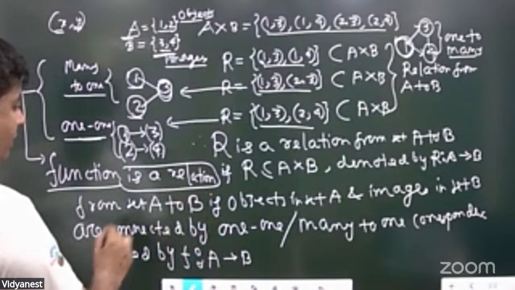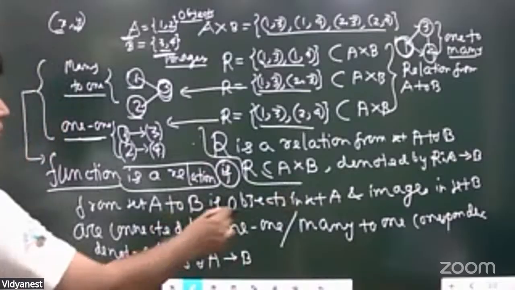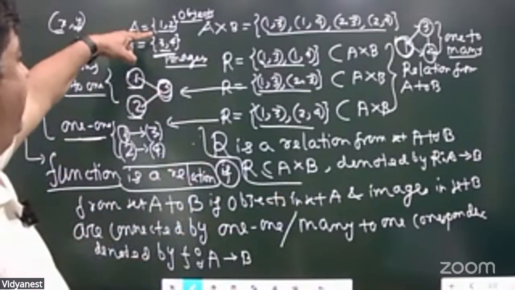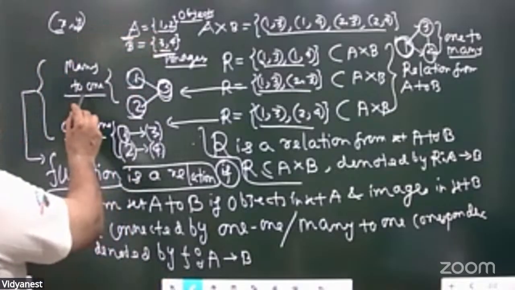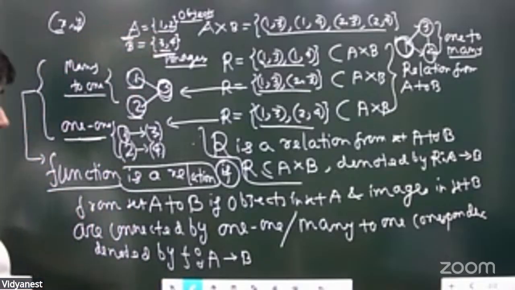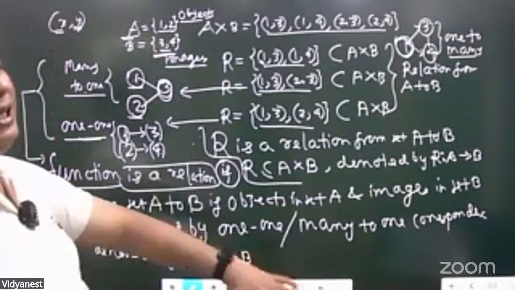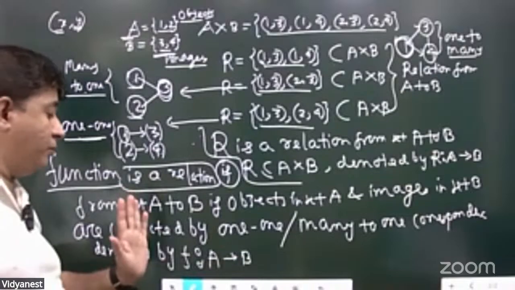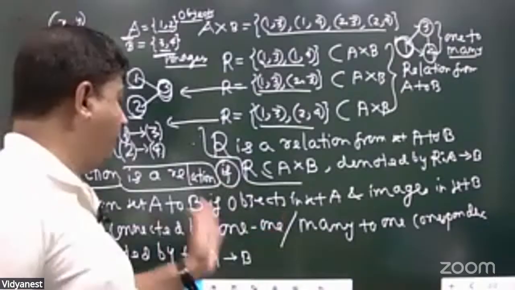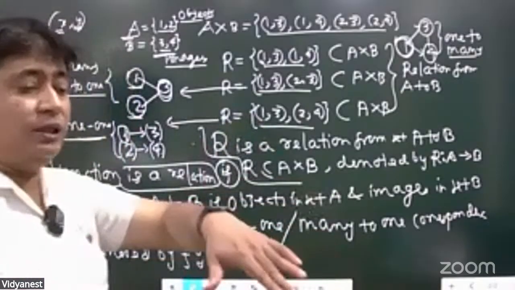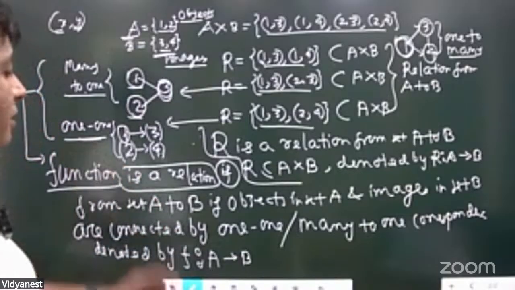If from set A to B, objects in set A and images in set B are connected by many-to-one or one-to-one correspondence, then we can say it is called function from A to B. A function maps the elements of set A, objects of set A, to images in set B. Okay, that is the definition of function.